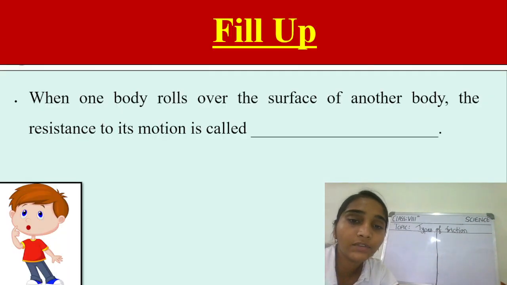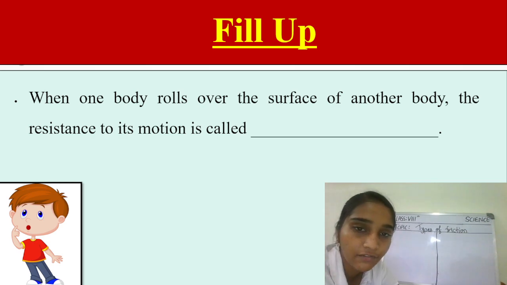Now it's your turn to answer this fill in the blank: when one body rolls over the surface of another body, the resistance to its motion is called dash. Yes, students. Resistance to the motion of one body when it rolls over the surface of another.